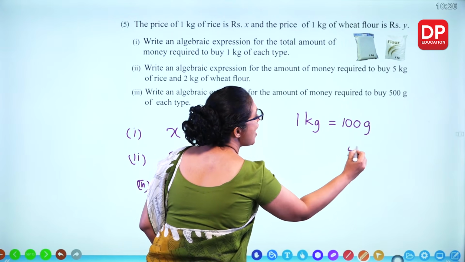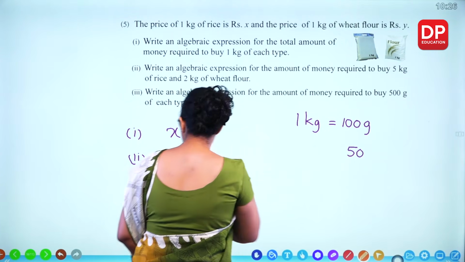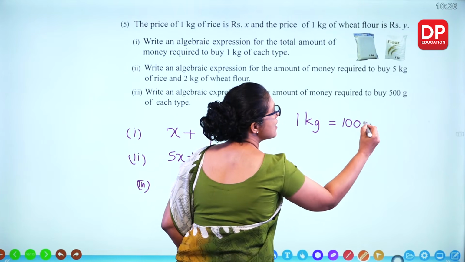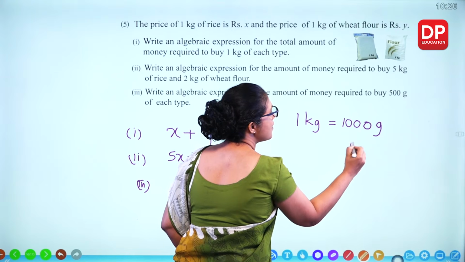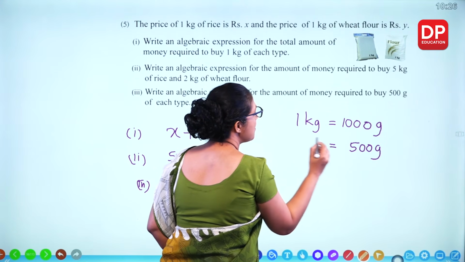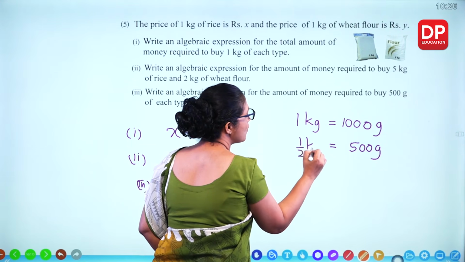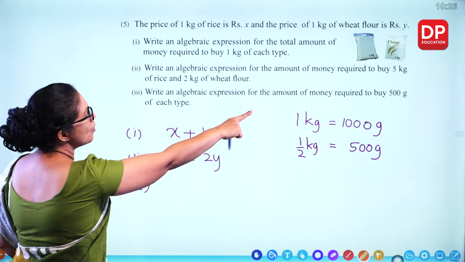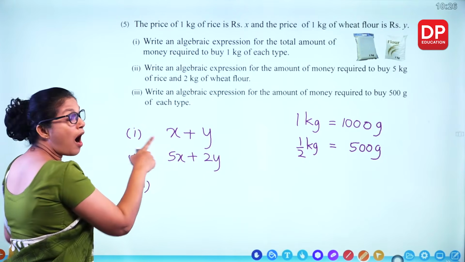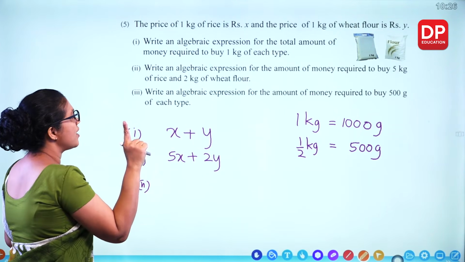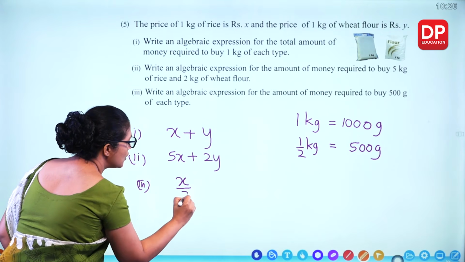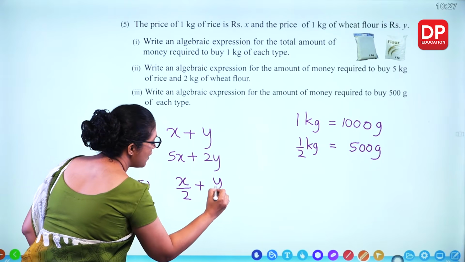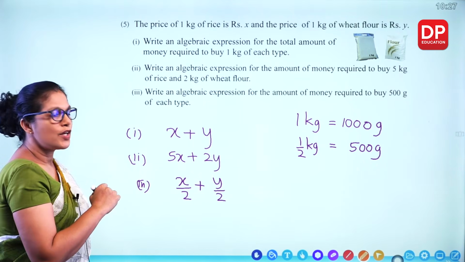So 500 grams means you have to divide by 2, half of a kilo. So you need to find out half of the value. So x is 1 kilo. What's the half of the value? X over 2. 1 kilo of wheat flour is y. Half of that, you have to divide by 2.